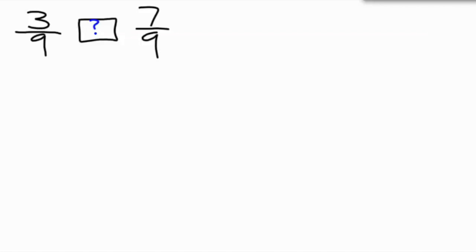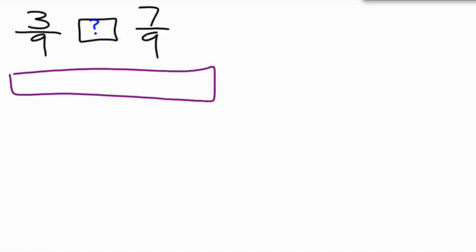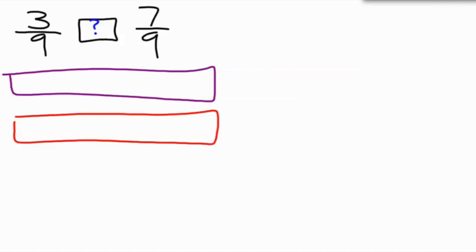Another method would be to draw out these fractions artistically. In purple, I'll represent the fraction 3/9, and in red, I'll represent the fraction 7/9. I notice that each fraction has a denominator of 9, so each candy bar we will divide into 9 equal pieces.